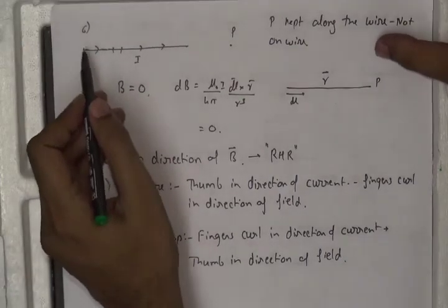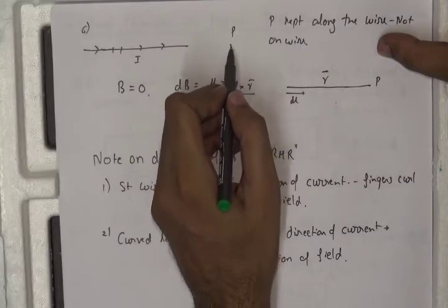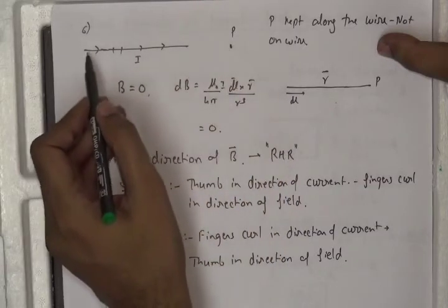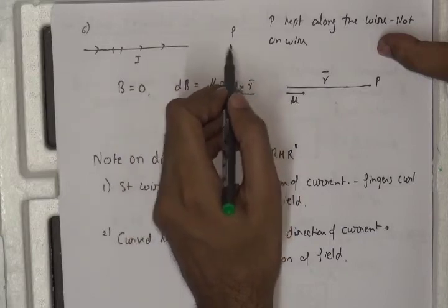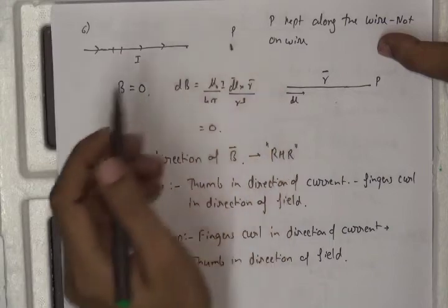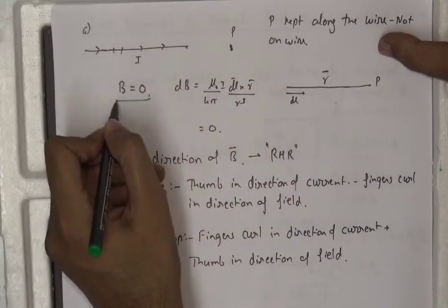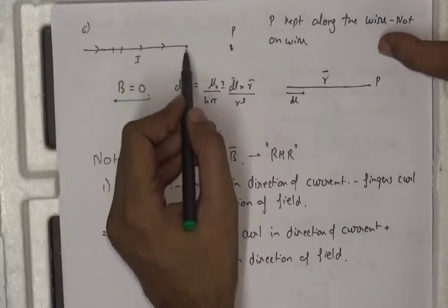Next case, let us say the wire is straight and the point P is such that it is along the line of the wire. What will be the magnetic field because of this wire at the point P? The answer is the magnetic field will be equal to 0, if the point P lies along the wire. Why?